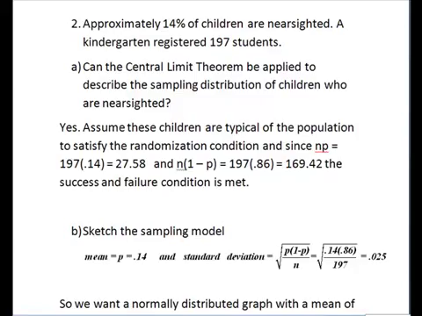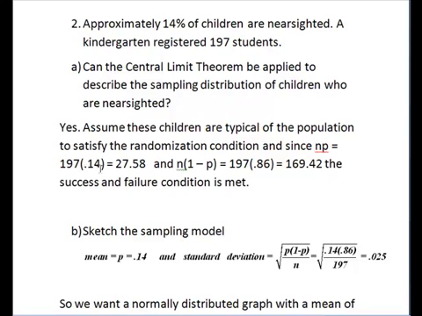To be confident, problem number 2. Approximately 14% of children are nearsighted. A kindergarten has 197 students. Can the central limit theorem be applied to describe the sampling distribution of children who are nearsighted? Well, what we need to do is check the success and failure condition. Our n is 197.